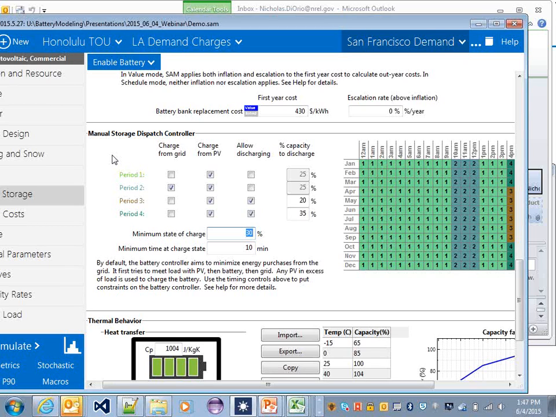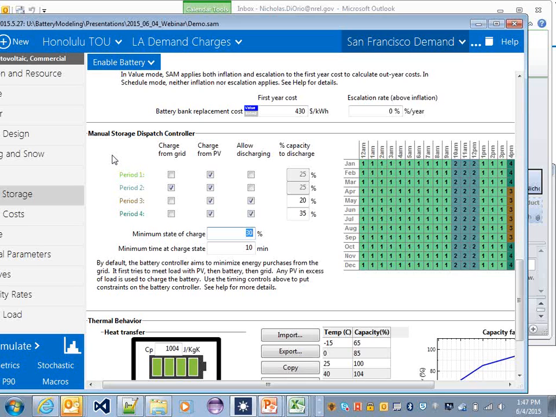So the question is, I assume that the model will replace the battery when it gets to 20% of its original capacity. Can the model add battery capacity before it reaches that level to keep the capacity constant? The unfortunate thing about battery degradation is that you're never going to be able to really maintain a constant maximum capacity.